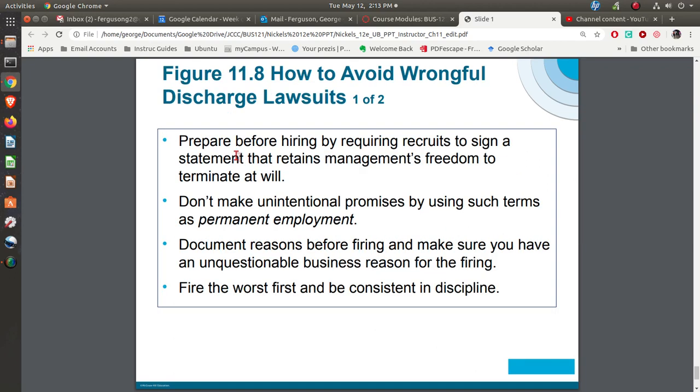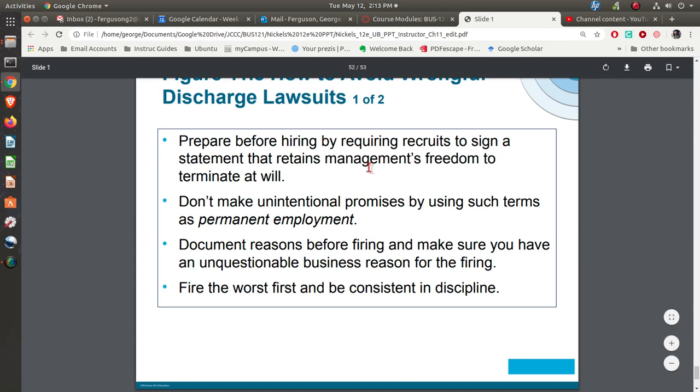If you're going to avoid any kind of wrongful discharge lawsuits, you have to be aware of things you need to do. First of all, never, ever, ever promise permanent employment. If you make a promise of permanent employment, either in writing or orally, you could be sued for unlawful discharge.